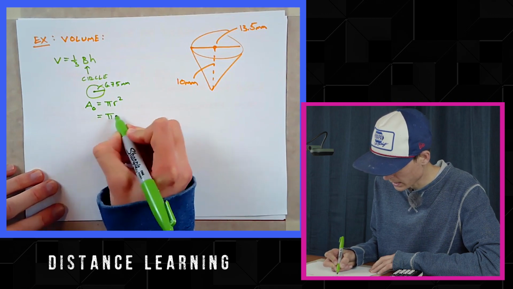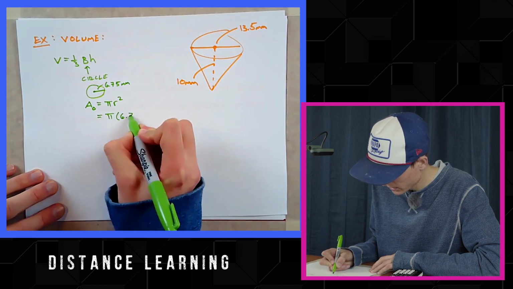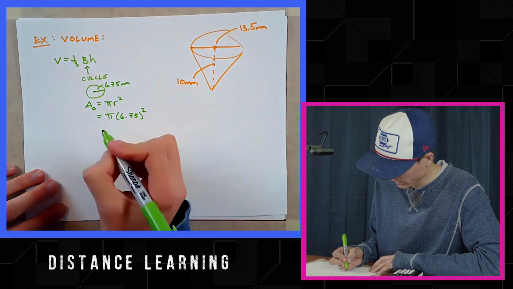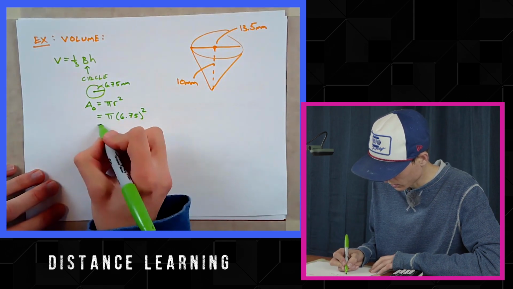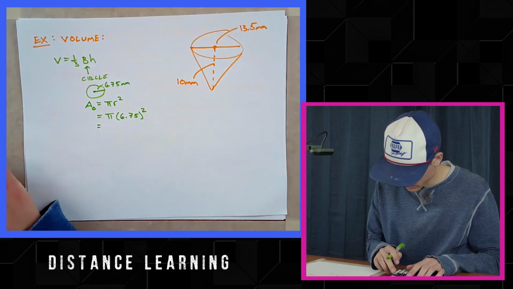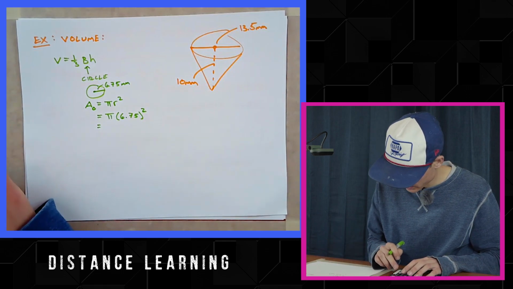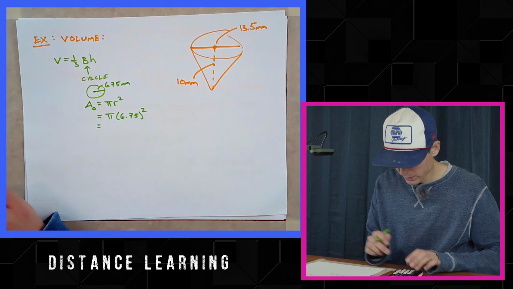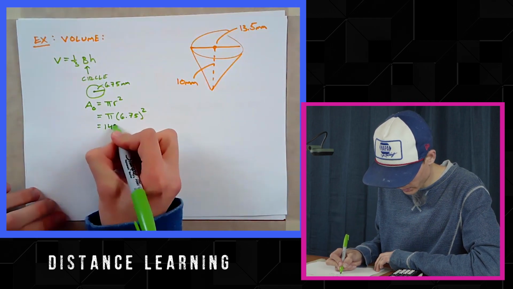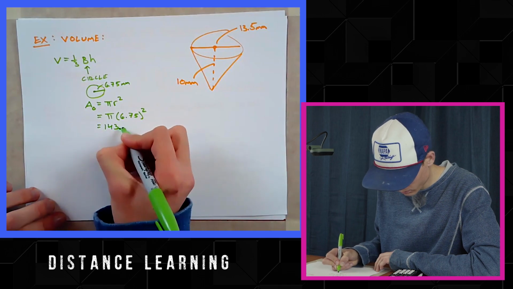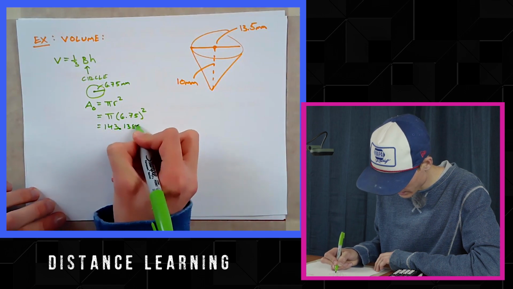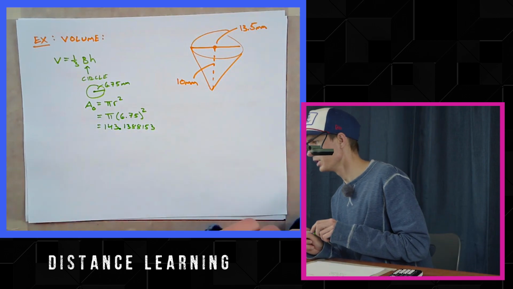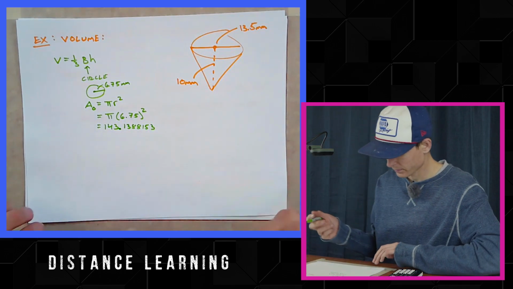So it's going to be pi times 6.75 squared. And if we learned anything, we learned that this book uses the pi button. So if I do pi times 6.75 squared, 143.1388153. That's ridiculous. No one would actually write that down, but oh well.